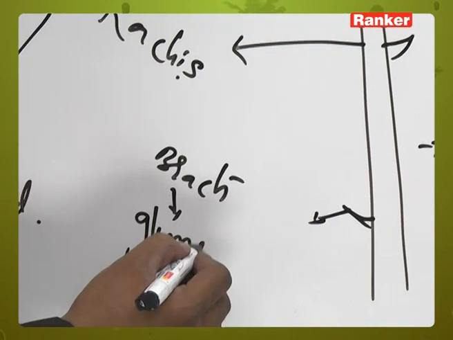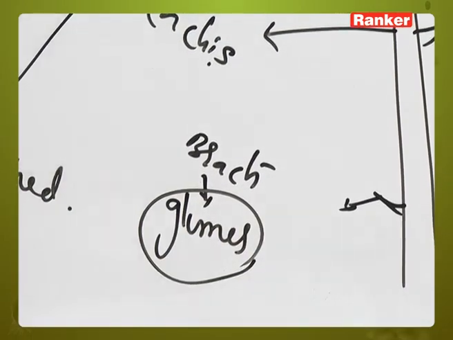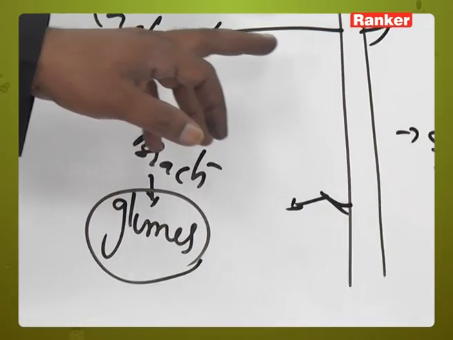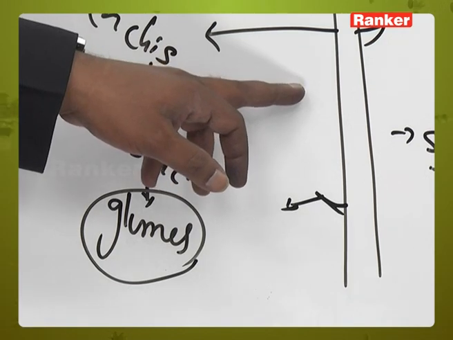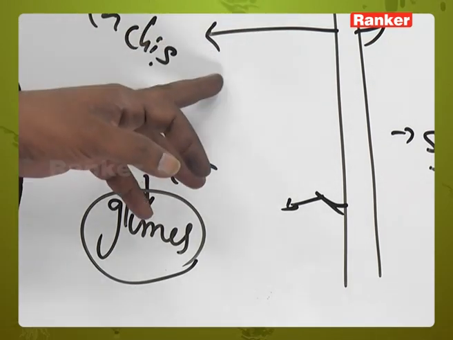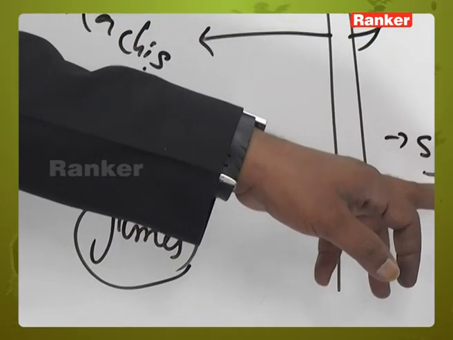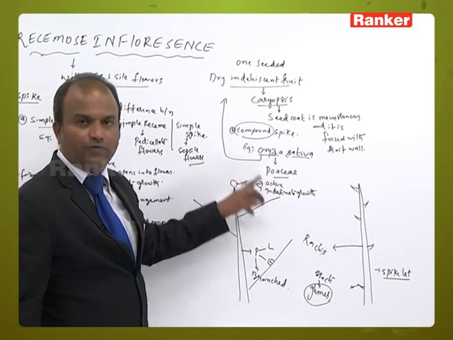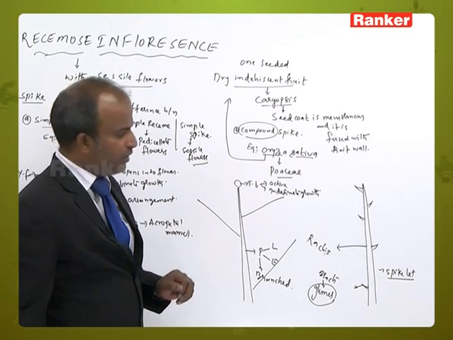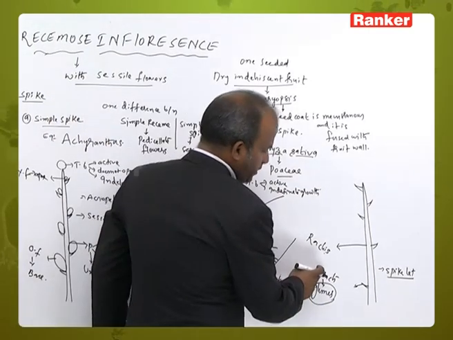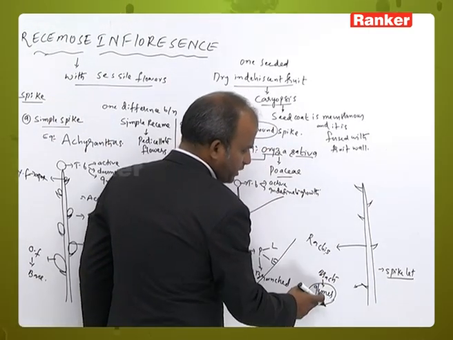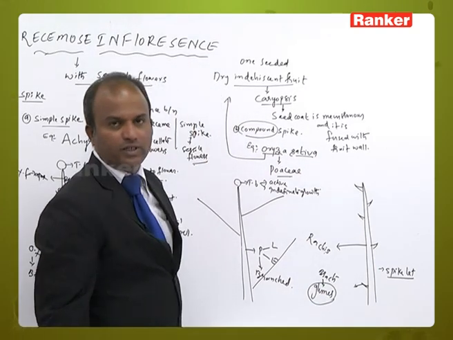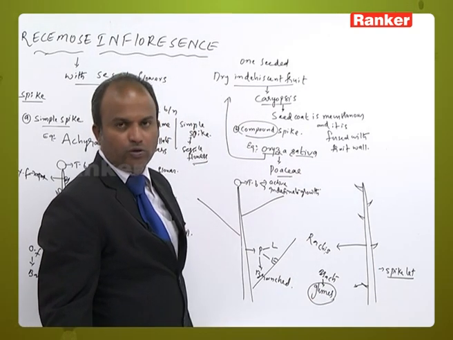These bracts are present upon the rachis, which is the axis of the spikelet. The spikelet itself is nothing but a branch of the compound spike, and here these bracts are called glumes.